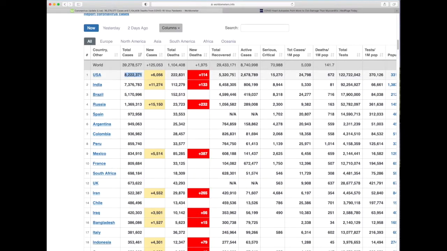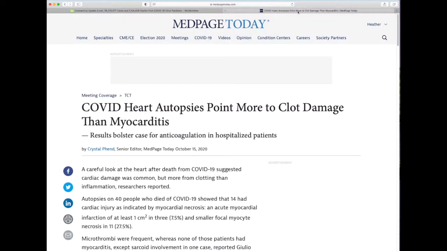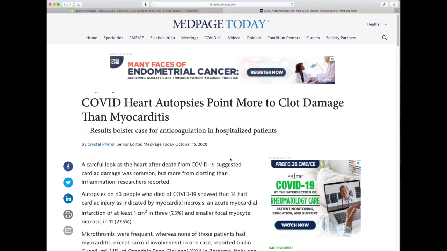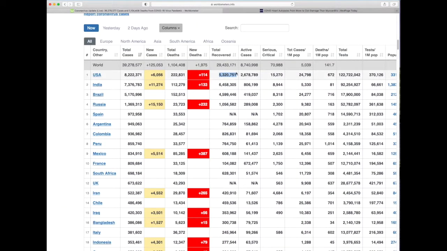Here are the recovered. That means that these people supposedly, now remember this, okay? Remember, there are people that are dropping dead of heart attacks 6 months later. So we're just going to assume that these people are totally recovered. But I don't believe that because I am not a sociopath.